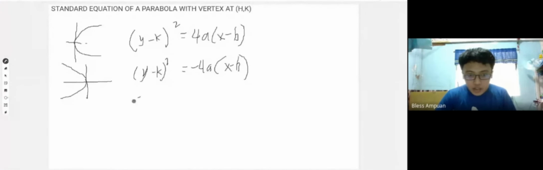Also, if your equation is x minus h squared equals 4a times y minus k, this one is opening up.